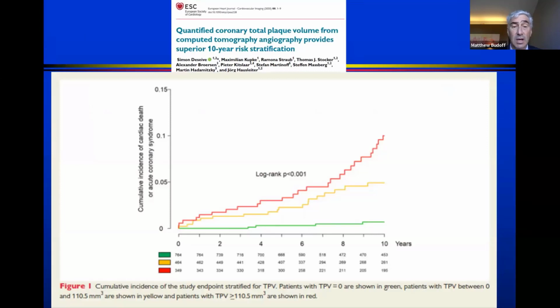This is a study by Dr. Hausleiter's group looking at 10-year risk stratification and showing us that plaque volumes, here a total plaque volume in red being high, predicted cardiovascular events, moderate plaque volumes in yellow, and no, minimal or zero plaque volume in green, showing the best outcomes.